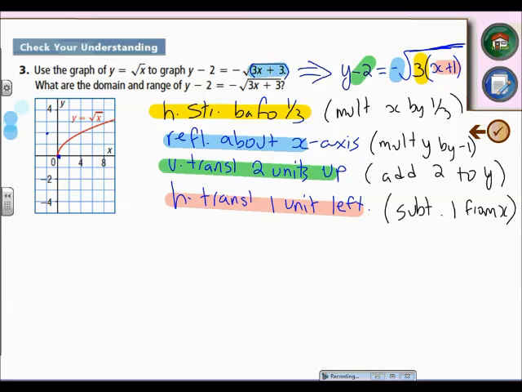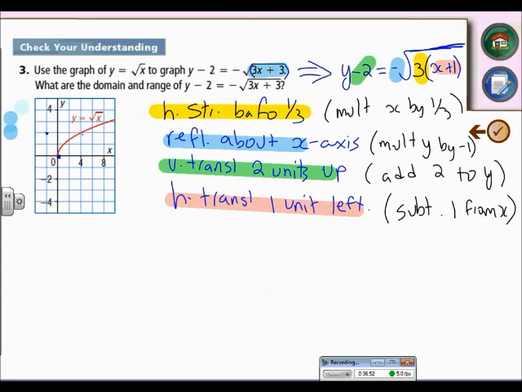That one was fine. It's this one I gotta do the reflection on. So it goes to 1/3. Then flip it over the x-axis, whips it down to here, and then 2 up, and 1 left. Right there.